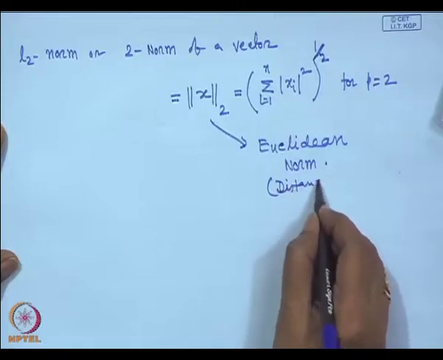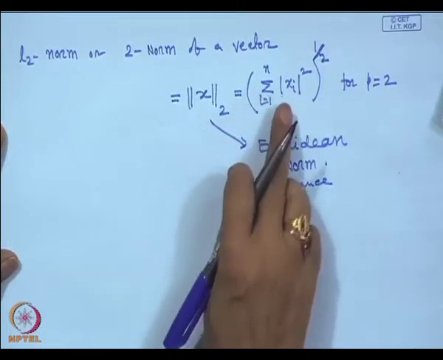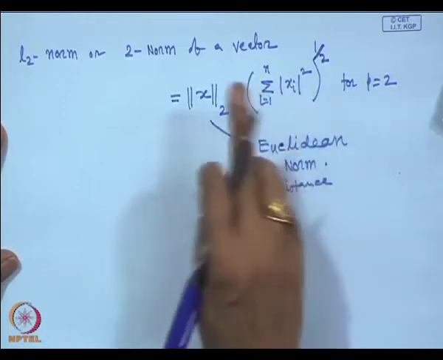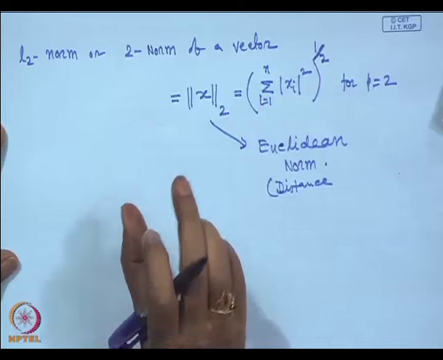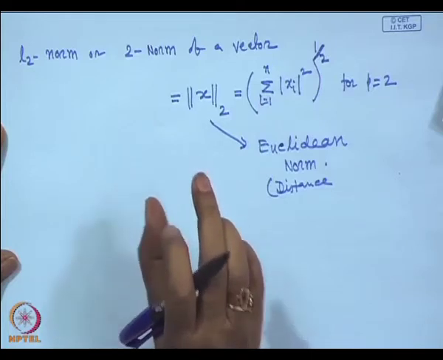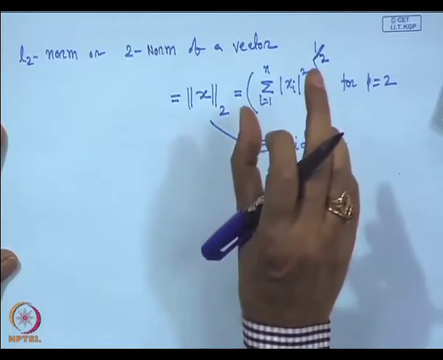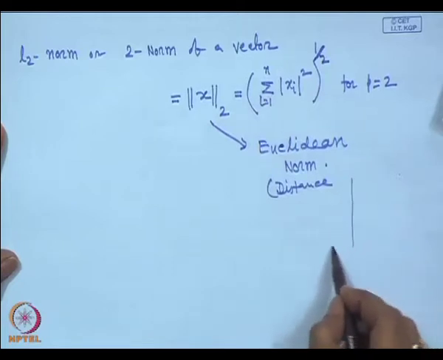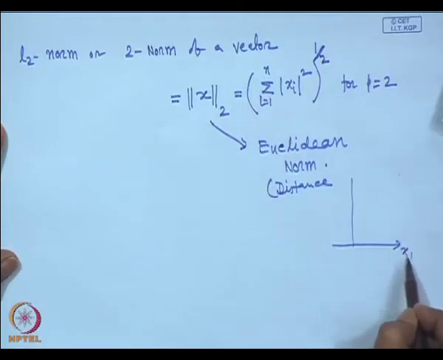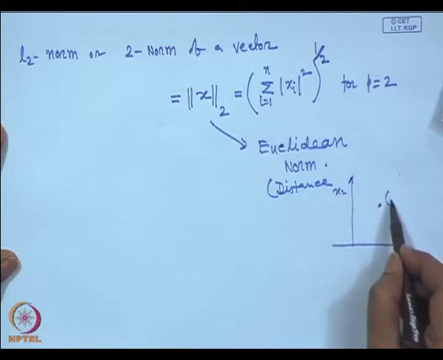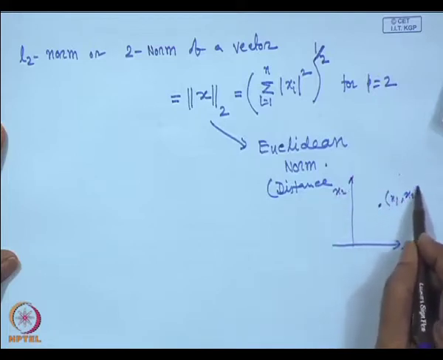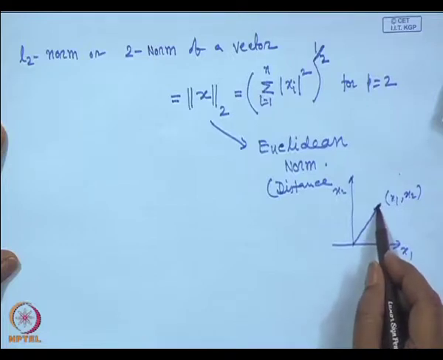If it is a 2 dimensional case, it is the square root of x 1 square plus x 2 square, and it is nothing but the distance or length of this vector. Suppose in a 2 dimensional case, x 1 is along this axis and x 2 is along this axis, and this point has coordinates x 1 and x 2. The length is denoted by the norm 2 of x.